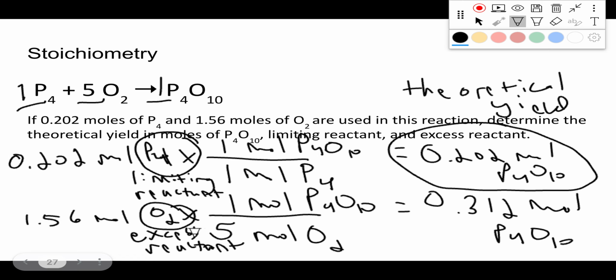Use up all my P4, leftover O2. But this number is never attainable, because when this P4 runs out, it can't get any more than 0.202. So when you do these problems, whichever number is the smallest, that is your theoretical yield. Whatever makes it is your limiting reactant. The other one is your excess.